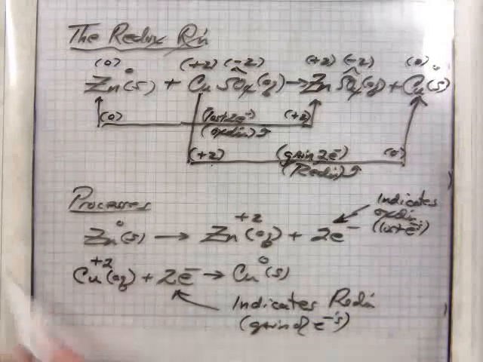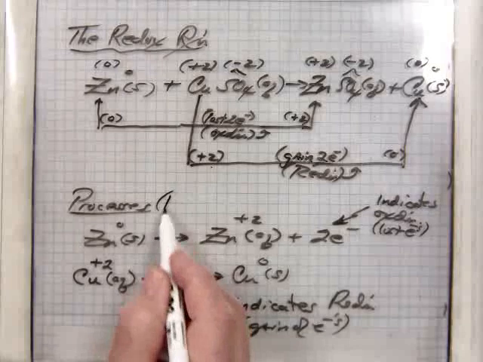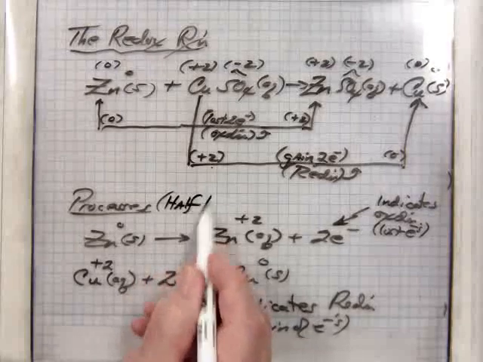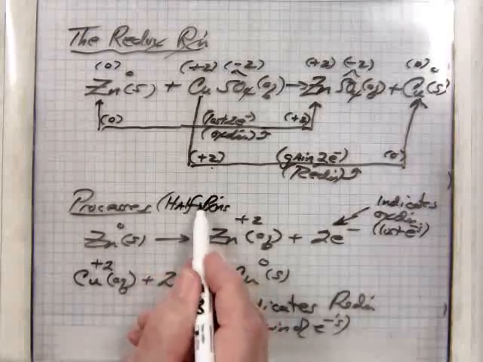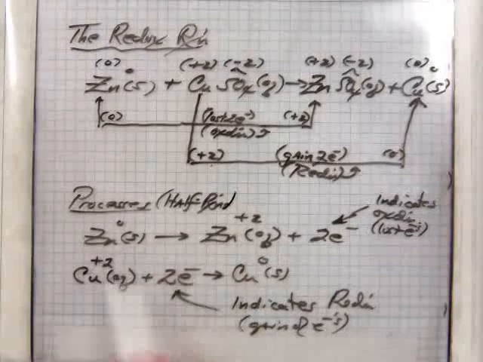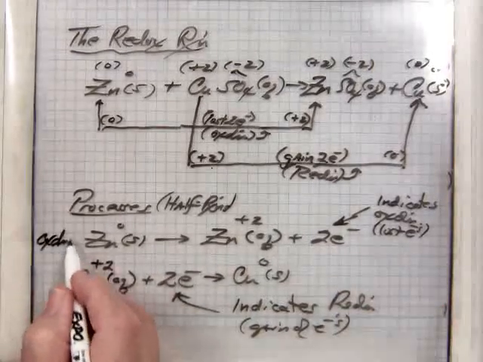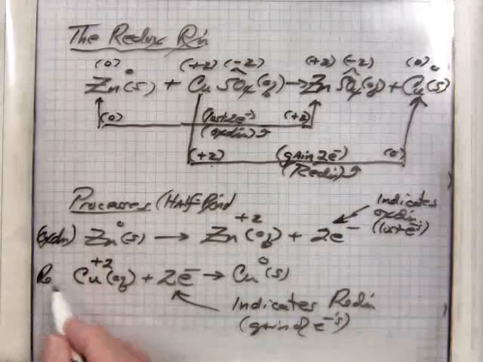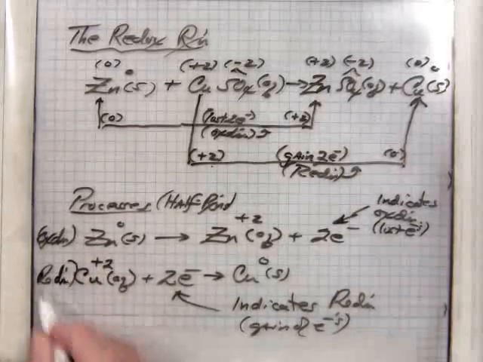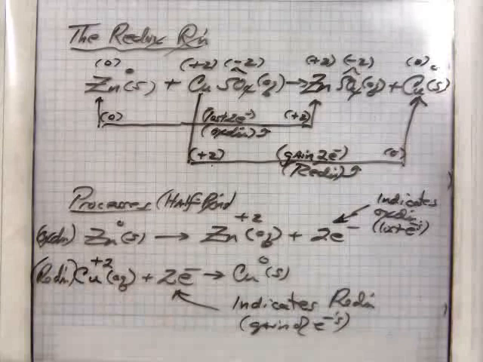These are referred to as half reactions. One is an oxidation reaction, and the other is a reduction reaction. Those are processes.